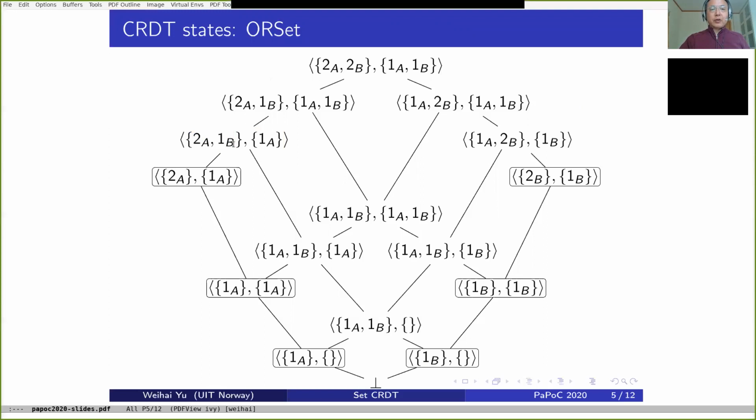Typically, it consists of a unique site identifier and a sequence number that is unique at that site. So every element is associated with two dot sets. One is for the set of additions. The other is for the set of the additions that have been removed. The element is regarded to be in the set if there exists some addition that has not been removed.